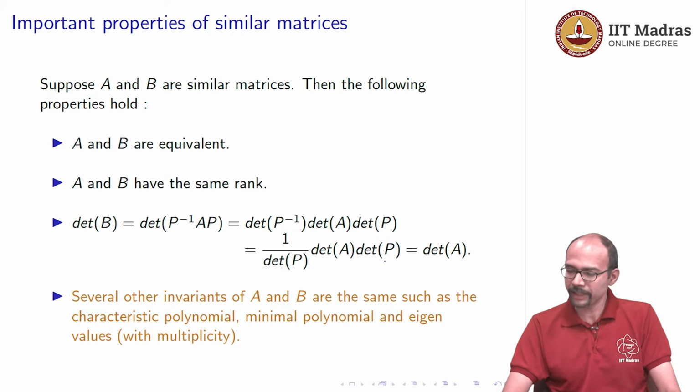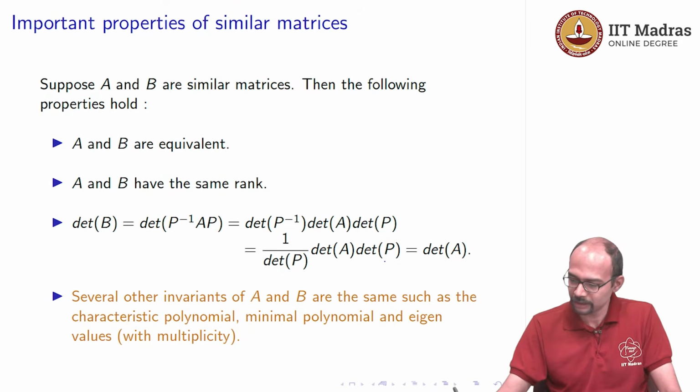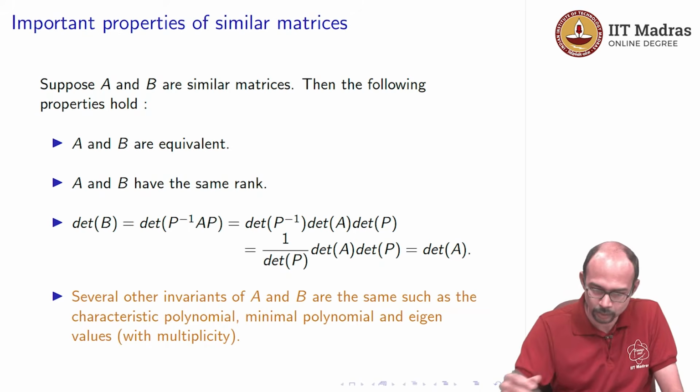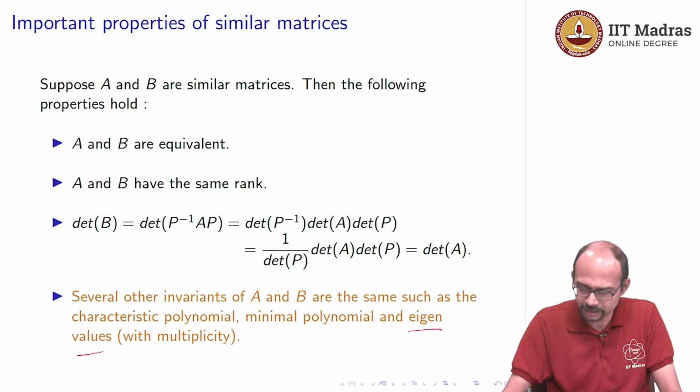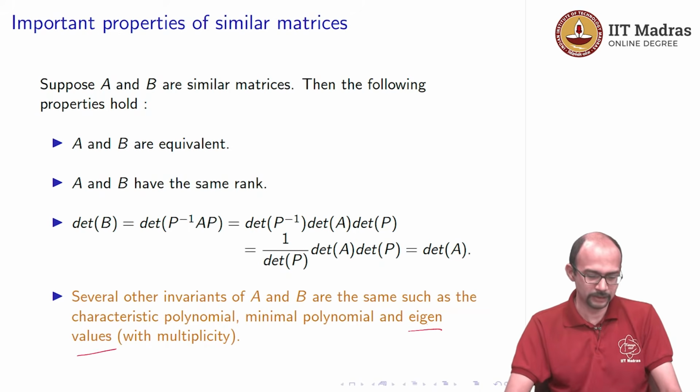Several other invariants of A and B are the same, such as the characteristic polynomial, the minimal polynomial, and the eigenvalues with multiplicity. We are not going to define this right now, but this is a feeder into the next course, especially this thing called the eigenvalues. So just remember this name. It doesn't matter if you don't understand what it is now.